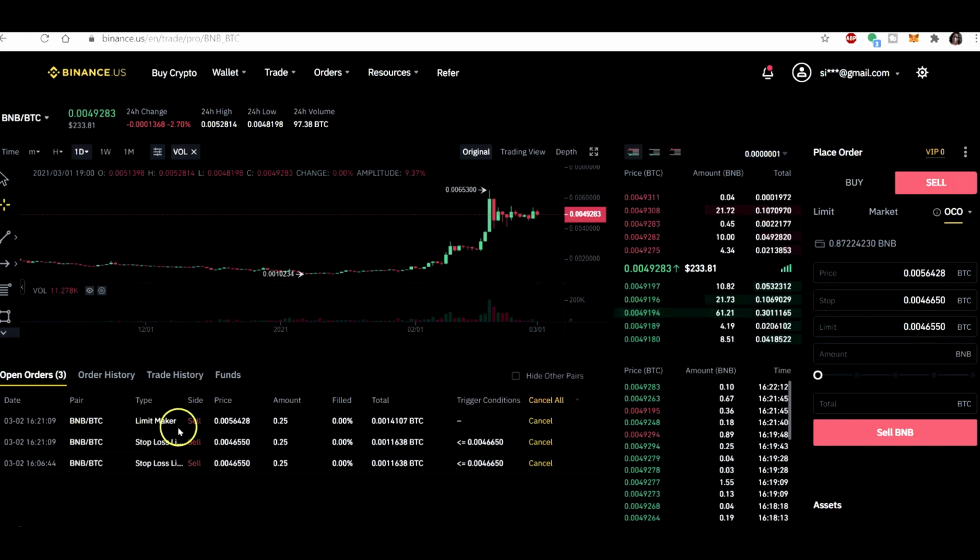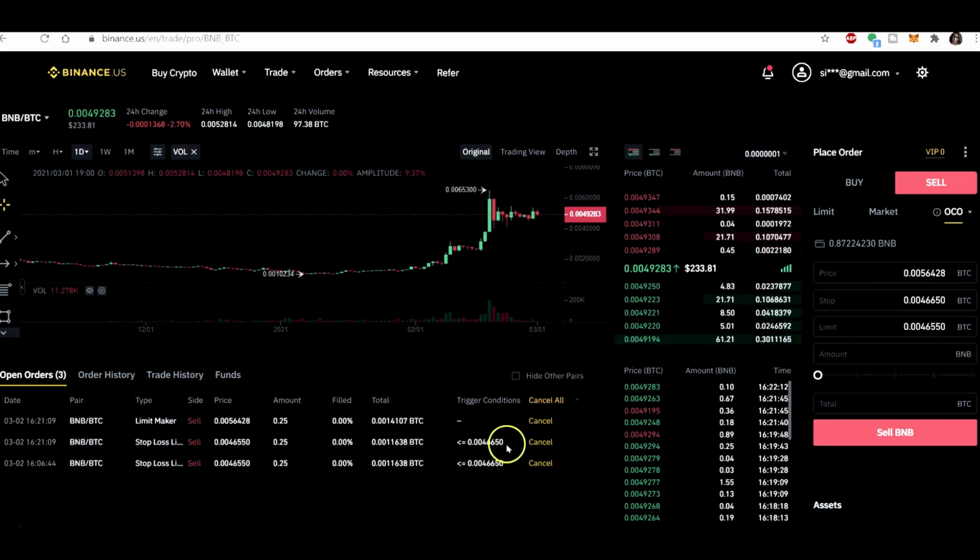The limit maker, that's this order, this one gives us our take profit and is going to trigger once price action is 15% above the price at which I entered into the trade. And the second order is going to trigger once this figure has been attained. So this figure will be attained in a downtrending market.